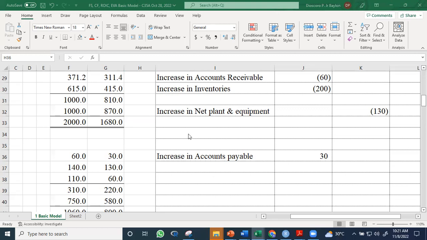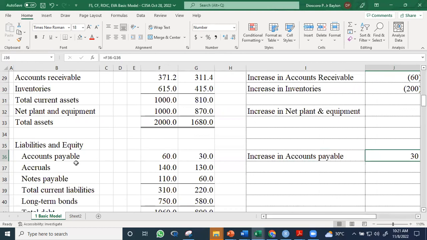Okay, so for this one, class, for the increase in accounts payable, what happened here? The company bought raw materials, for example. Did they pay already? No, not yet. So where's the cash? Still with the company.